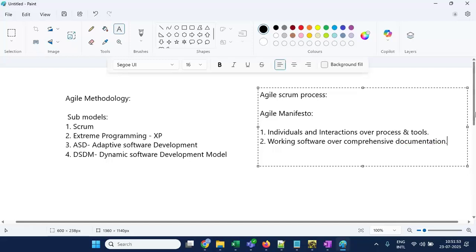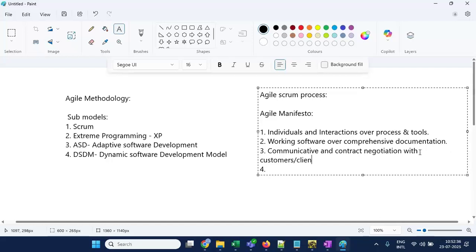Third point will be customer collaboration over contract negotiation, with customers, or we could say clients.